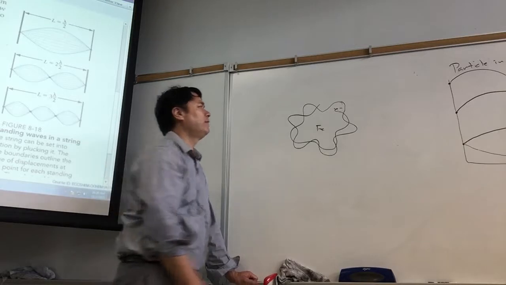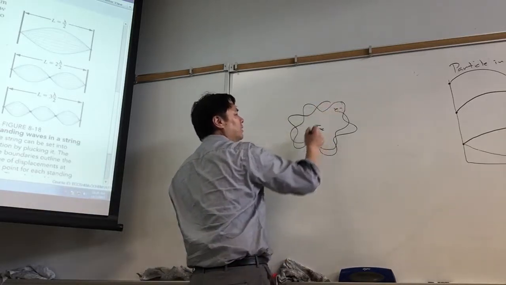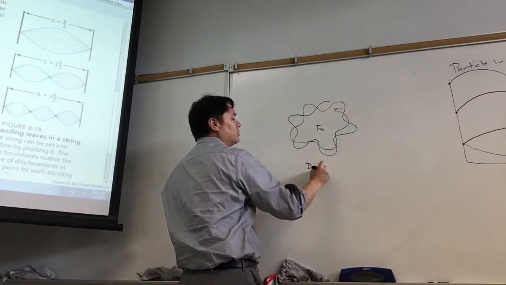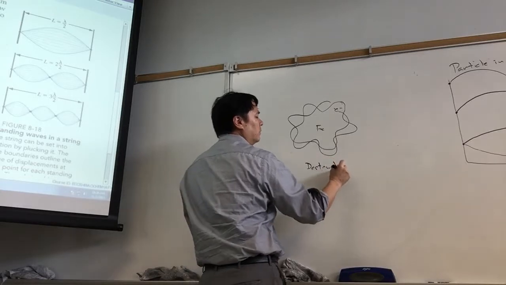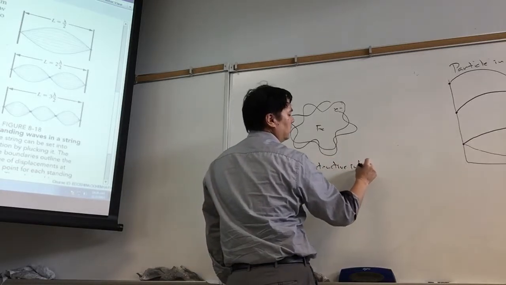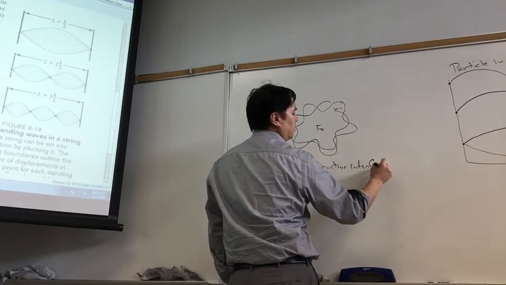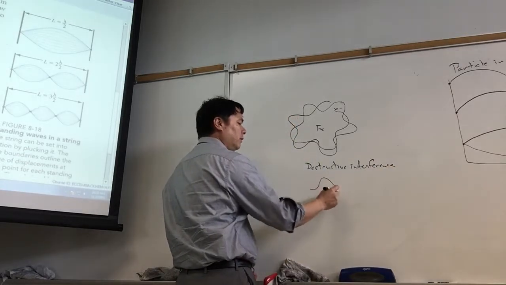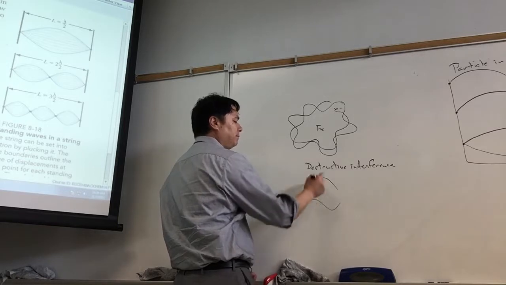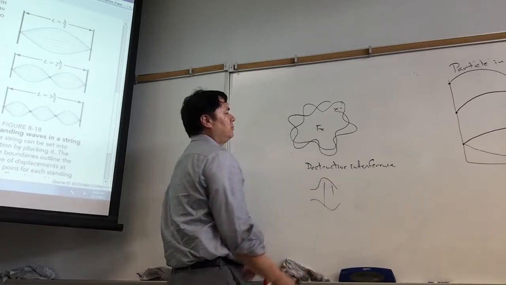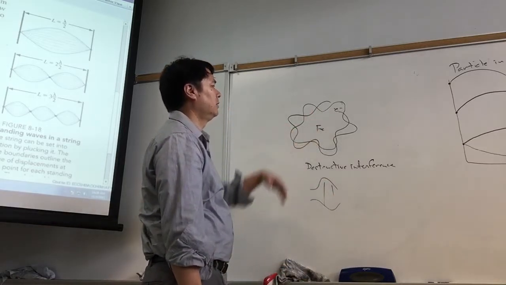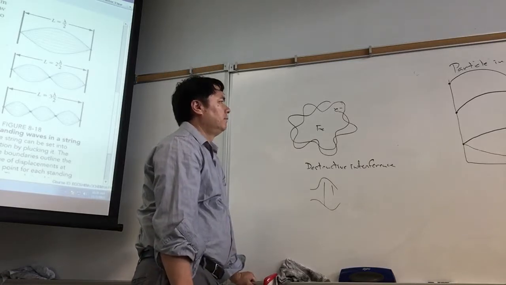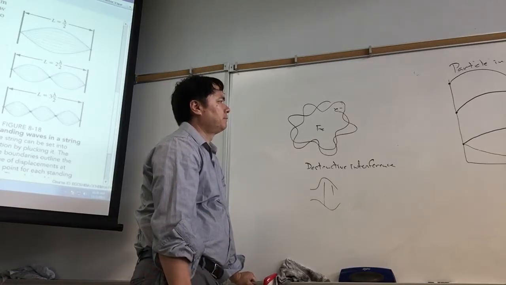And so if these wavelengths are offset just a little bit, we have destructive interference of the wave. And the wave cancels itself out because the peak will coincide with the valley. It could just be offset a little bit because eventually it'll just completely cancel.